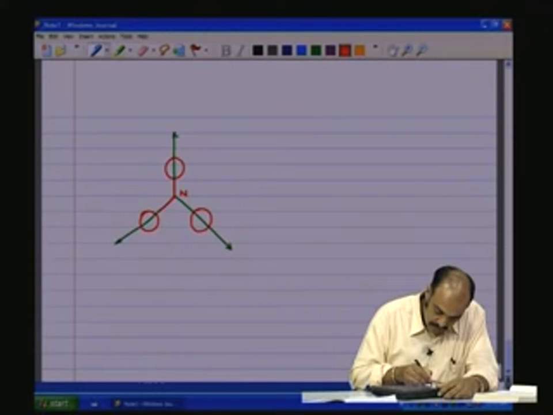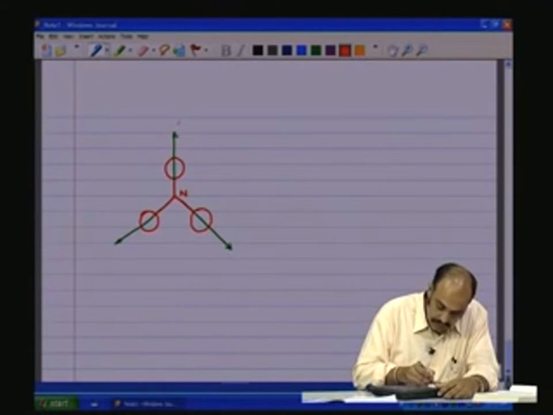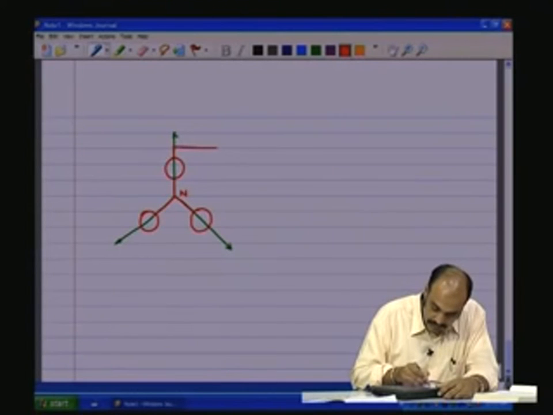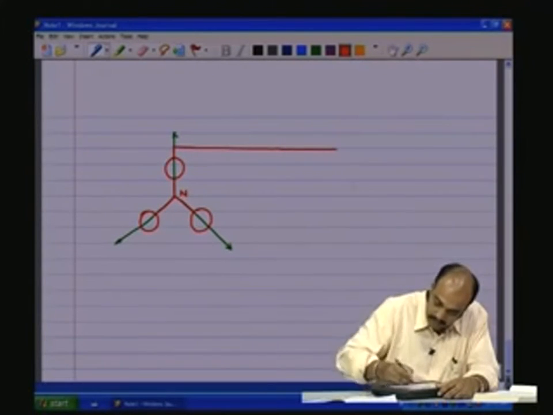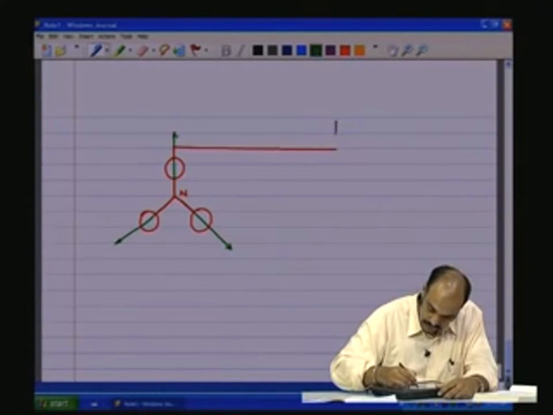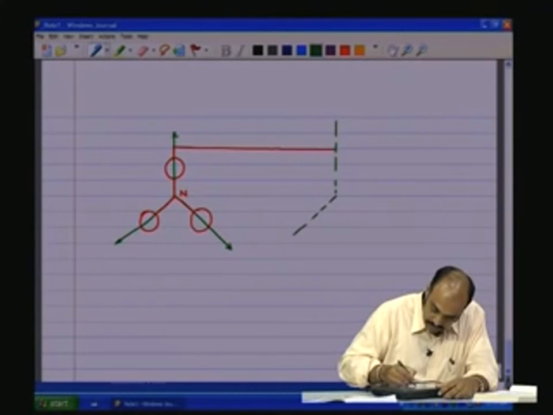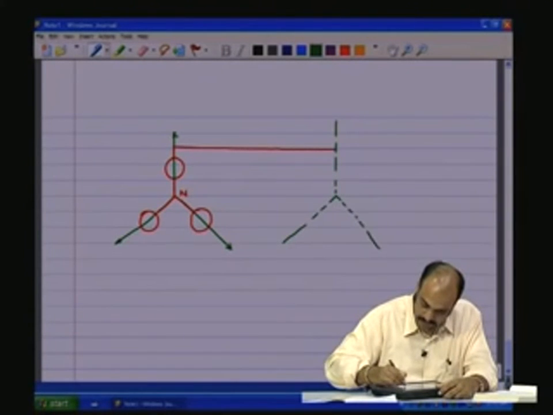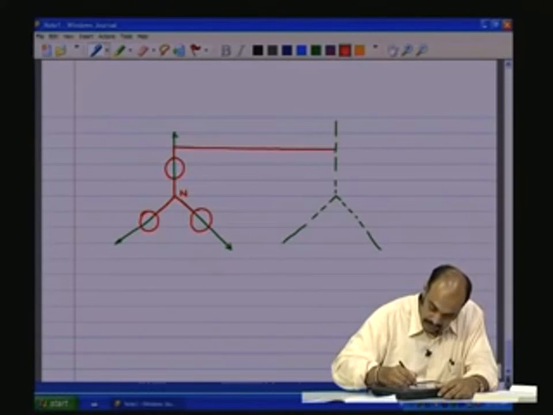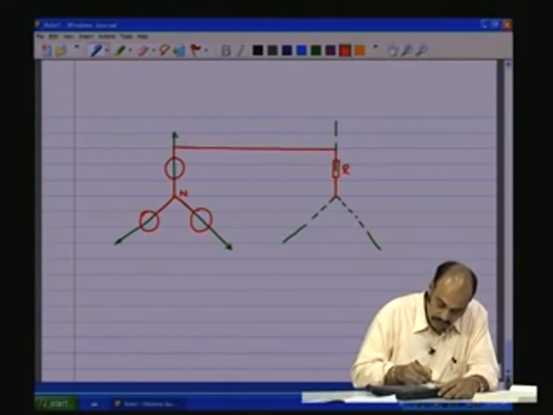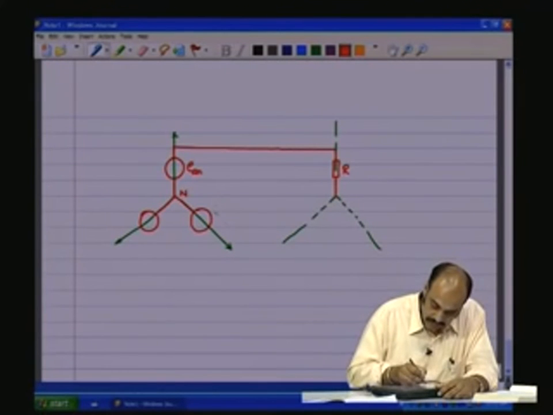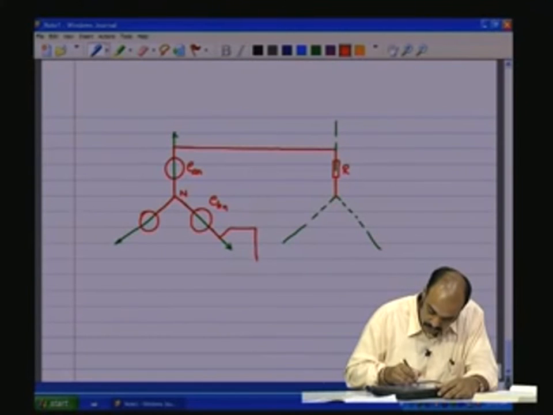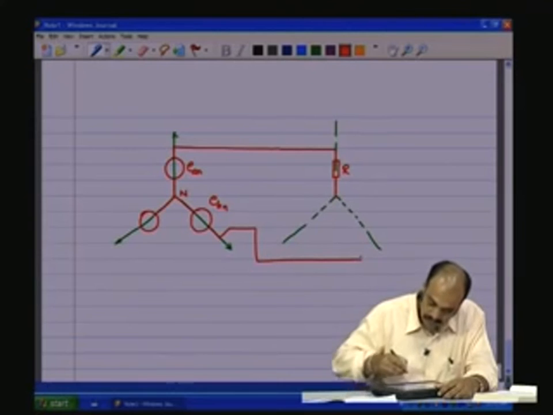So we have the A phase circuit, let us say, connected to the A phase load or the A phase resistor R. So, this is EAN, and then we have the EBN, the B phase circuit, which is connected to the B phase load.